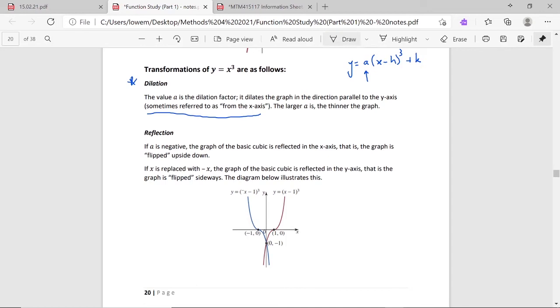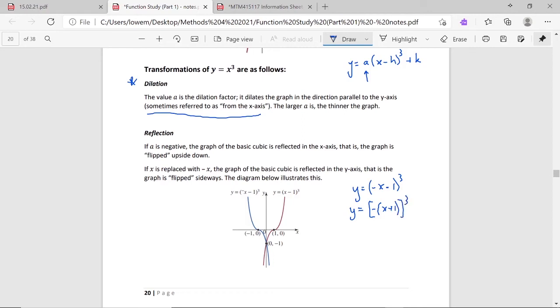I just want to show you something at this point, which is important. Say we have y equals negative x minus 1 cubed, as we've got there. Technically, what we could do here is take out a negative 1 as a factor. So we could write that as, with an extra set of brackets, negative, and if we take that out, this x will become positive, and this 1 also will become positive.